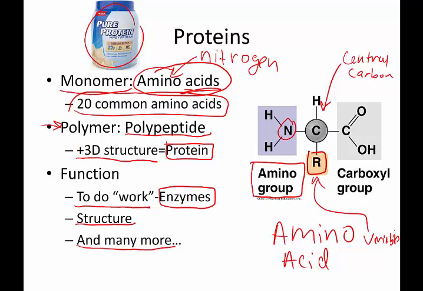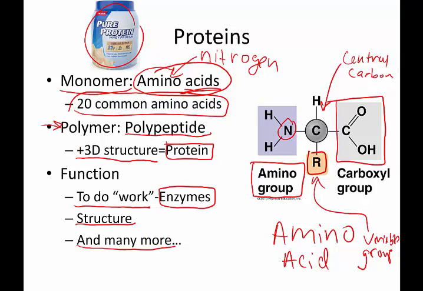All amino acids have an amino group and a carboxyl group, as well as a central carbon and R group. What changes between the 20 different amino acids is the R group. The amino group, central carbon, and carboxyl group are all constant. The only thing that changes is the R group or variable group. And lastly, as I said before, we have a carboxyl group, right here.